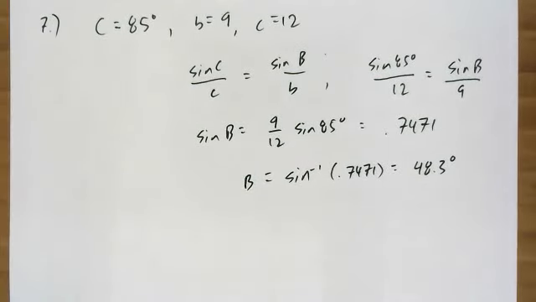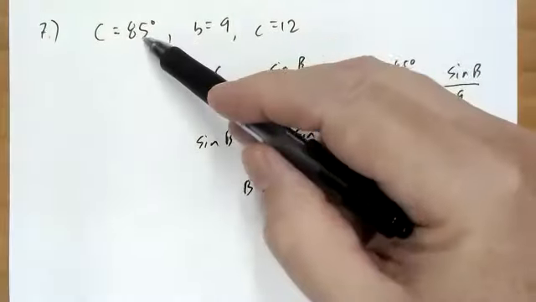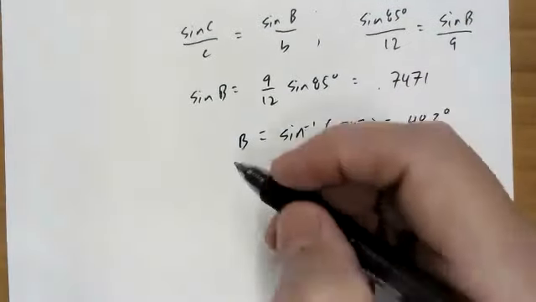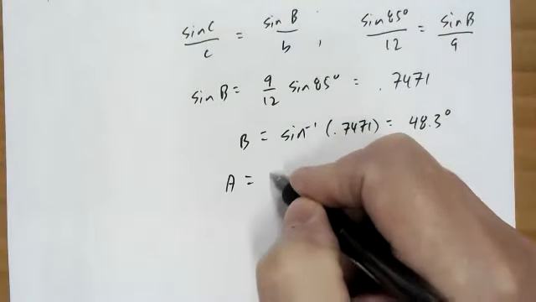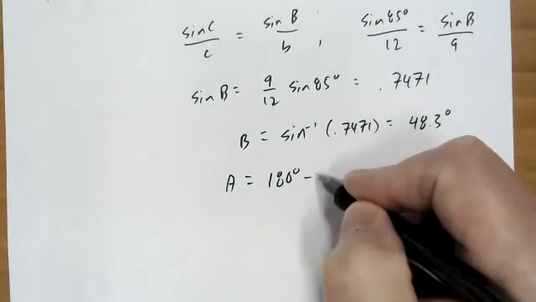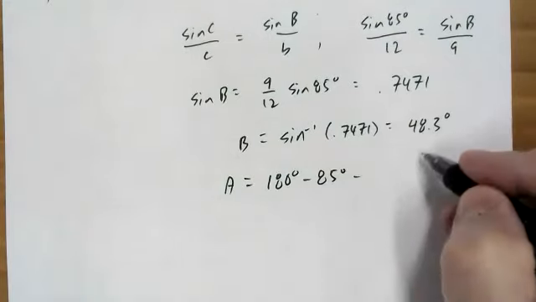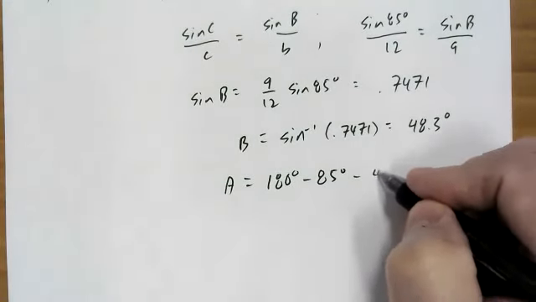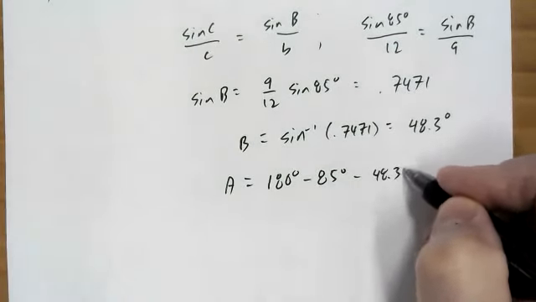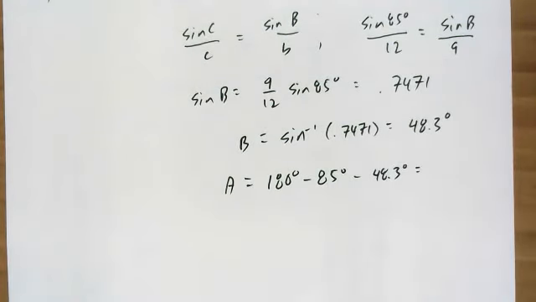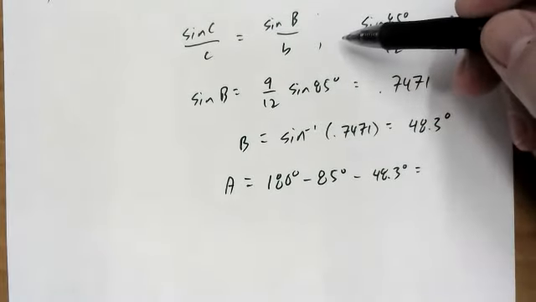Now, since I know I was given angle C, I know angle B, I can find angle A, right? 180 degrees minus 85 degrees, which is angle C, minus angle B. So this is my first triangle.